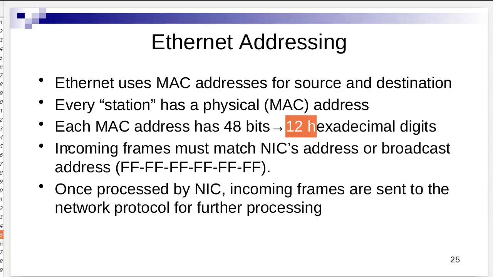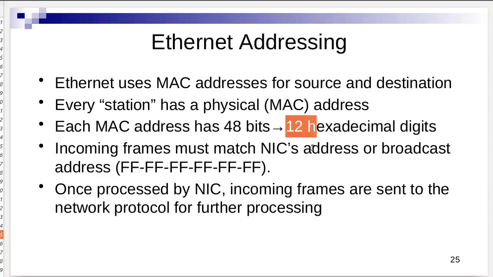When you get a frame, and this is true of pretty much all devices, whether it's Ethernet or Wi-Fi or Bluetooth, the incoming frame's destination MAC address has to match the network interface card's MAC address that's burned into memory.